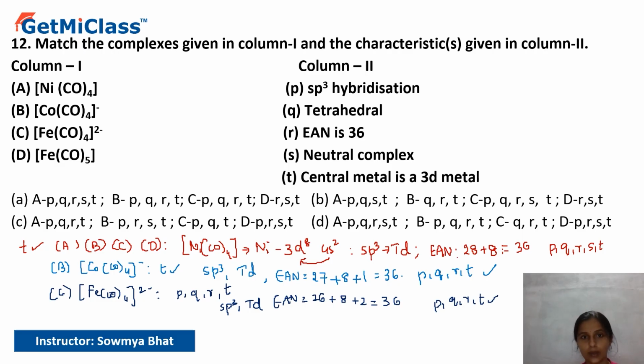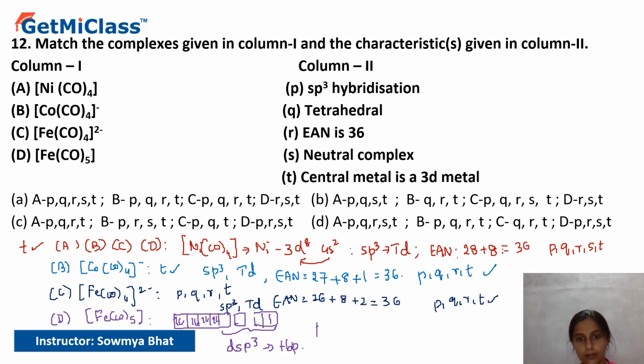The last one is Fe(CO)5. In this particular case, there are 5 carbonyl ligands. As a result, you get the configuration like this in the d orbital during the hybridization, with 8 electrons, and dsp3 would be the hybridization, and the shape will be trigonal bipyramidal.